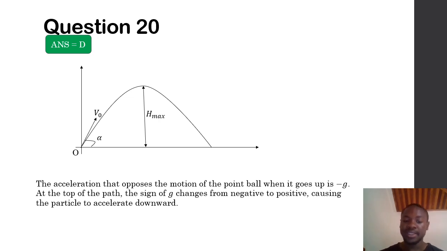At the top of the path, the sign of g changes from negative to positive, causing the particle to accelerate downward. This is because at the top of the path, the acceleration of the ball is 0. So the correct proposition is D.